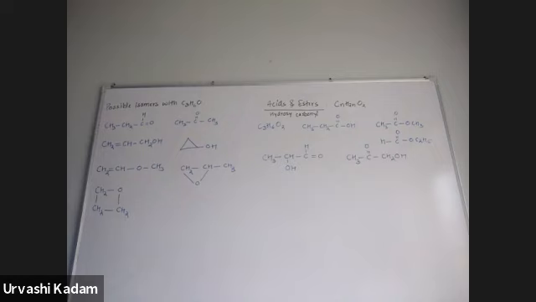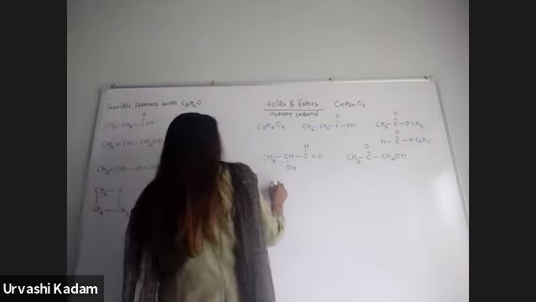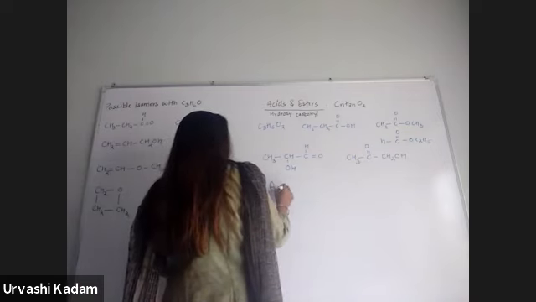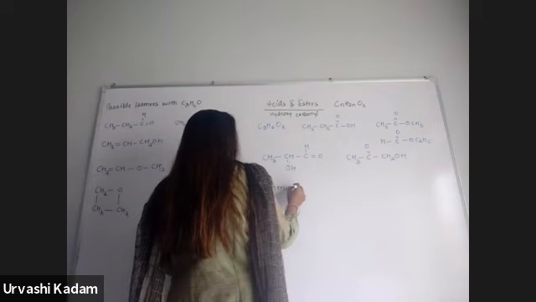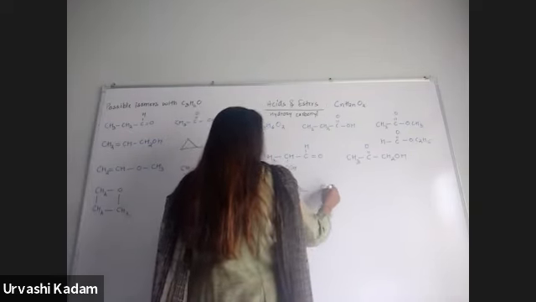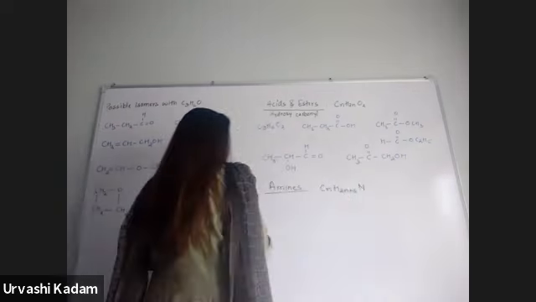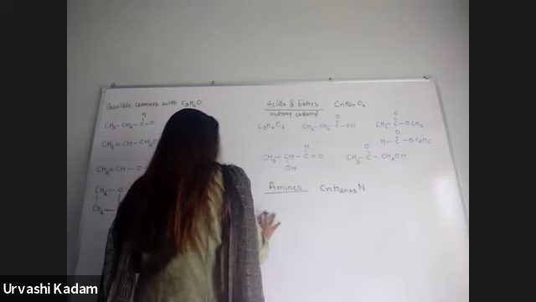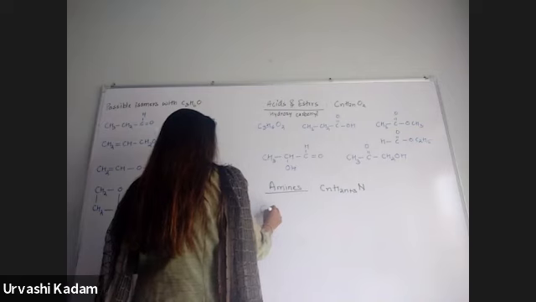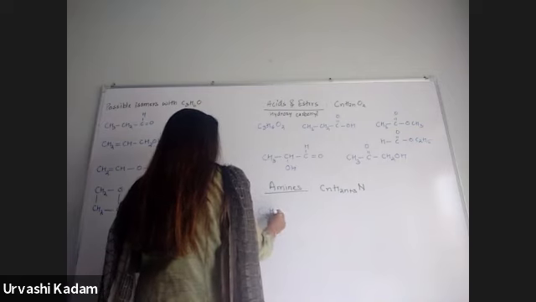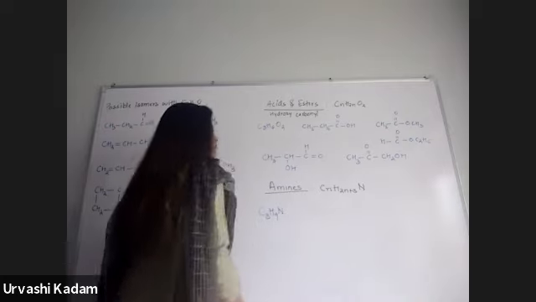Next functional isomers are amines. So in amines, primary amine, secondary amine and tertiary amine are functional isomers of each other. So the general formula for amine, I take C3, then H will be 9 and N. C3H9N, 3 carbon wala amine.